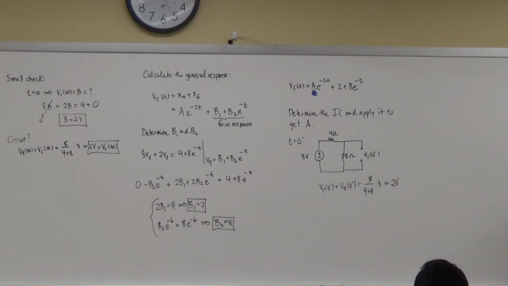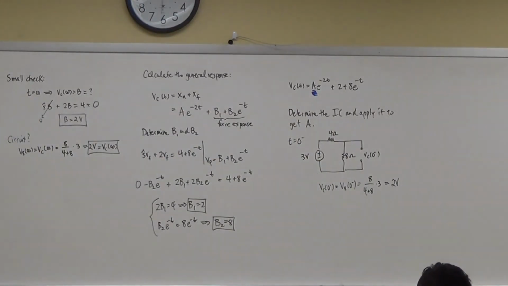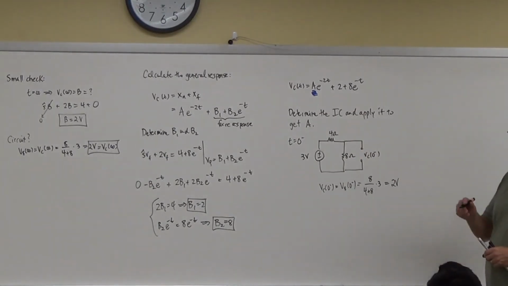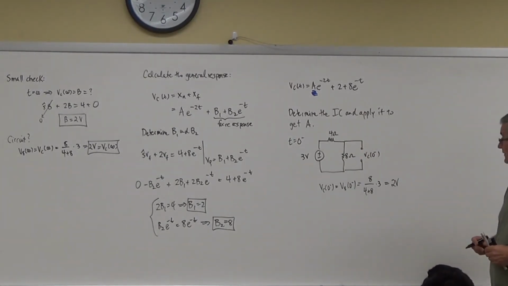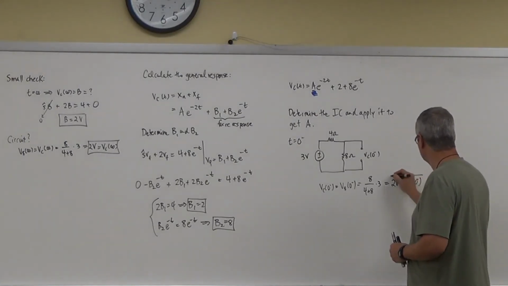Did we do this already? We sure did, right here. When we did this check, this is the exact same thing that we did. So that means it's going to start, and then it has to jump back to its original value. So then I have VC of 0 minus.